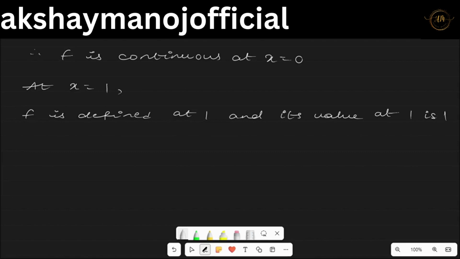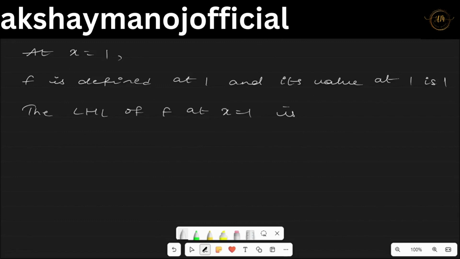So the left hand limit of the function f at x equals 1: limit as x tends to 1 minus of f of x is equal to limit of x as x tends to 1 minus, which equals 1. This is the left hand limit.